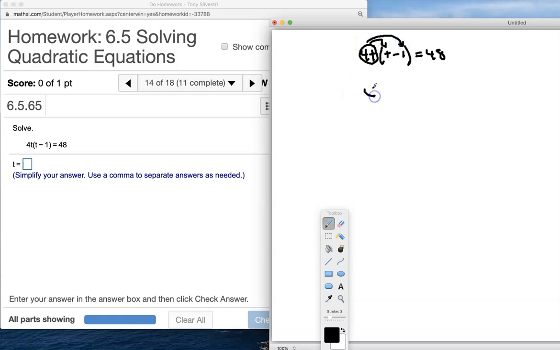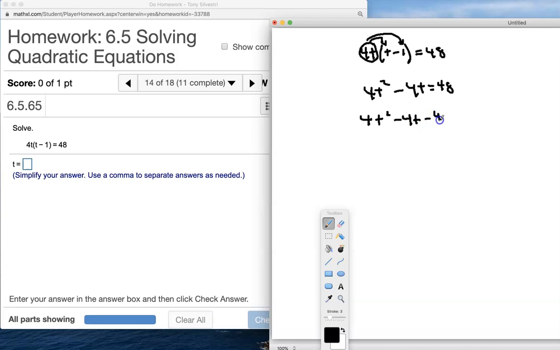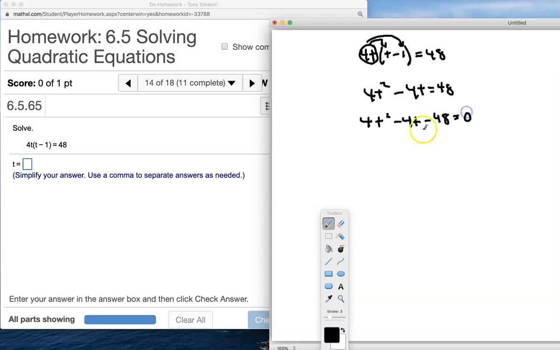I'm going to have 4t squared minus 4t. It's starting to look like everything that we did before. Equals 48. Now we could subtract 48 on both sides. Okay, and the next thing that you're going to do is factor this.